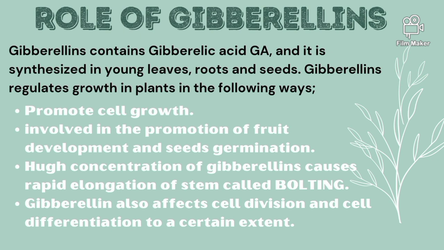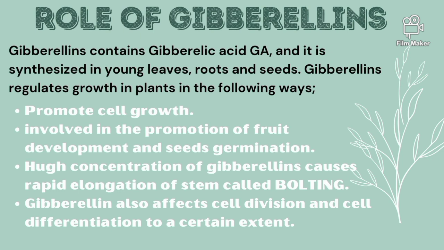A high concentration of gibberellin causes rapid elongation of stem, a process called bolting. It also stimulates stem elongation. There are, however, natural applications of auxins and gibberellin. This we will discuss under the topic plant hormones.